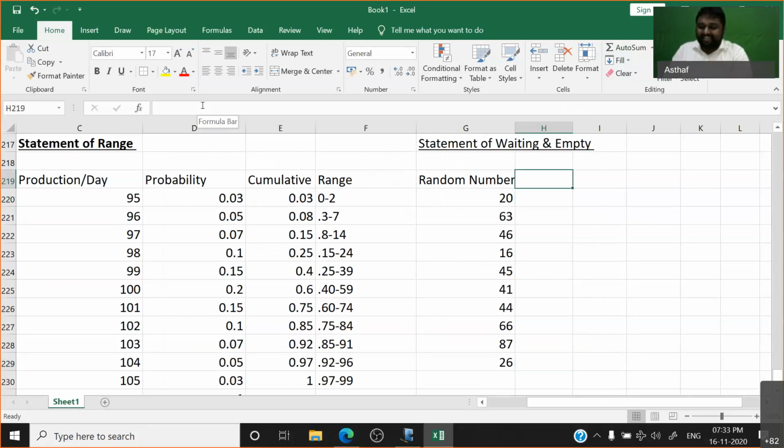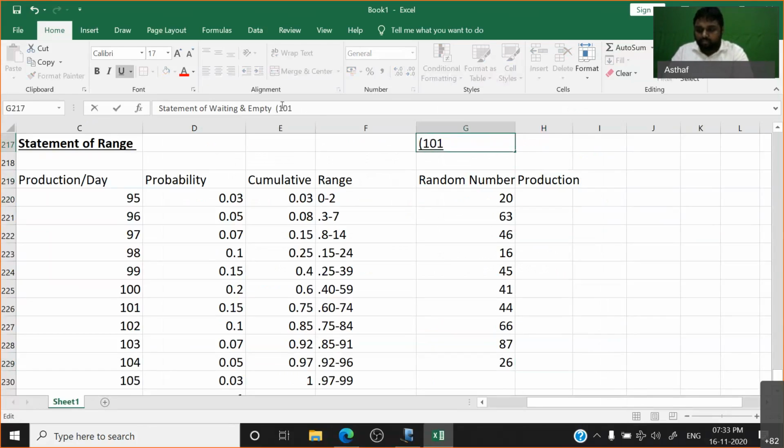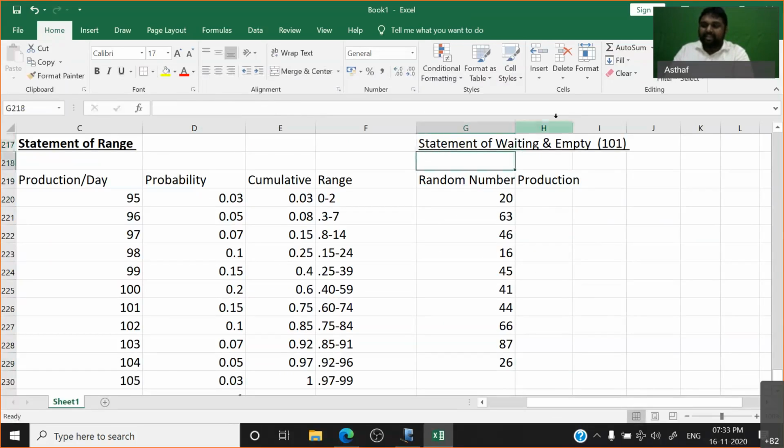We just want to understand that. So first we have to find the production. See, the capacity, what they tell us very clearly, is 101. The capacity is what? 101.